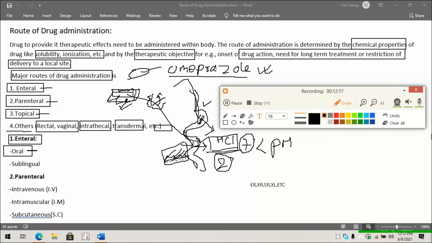The release is controlled. When drug release is controlled, a little amount of drug is released. So if less drug is released, less drug will be absorbed. And since it is slowly releasing a certain amount of drug, prolonged duration of action is achieved.